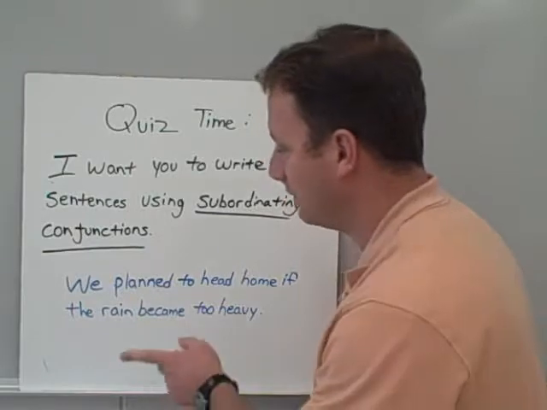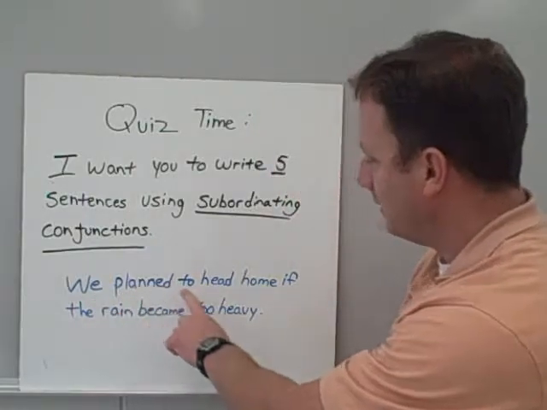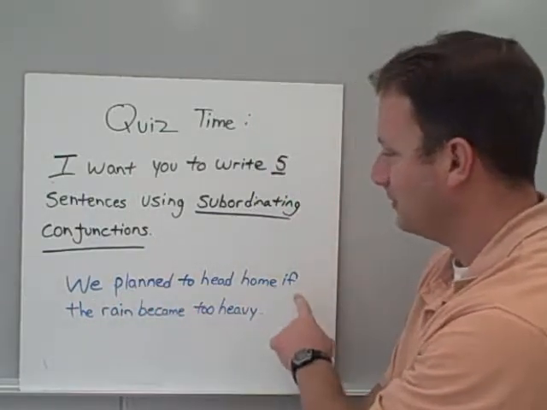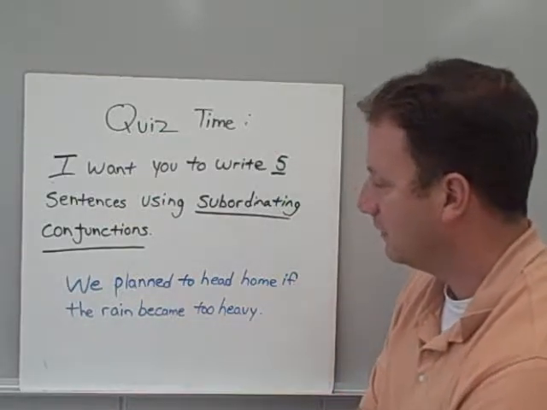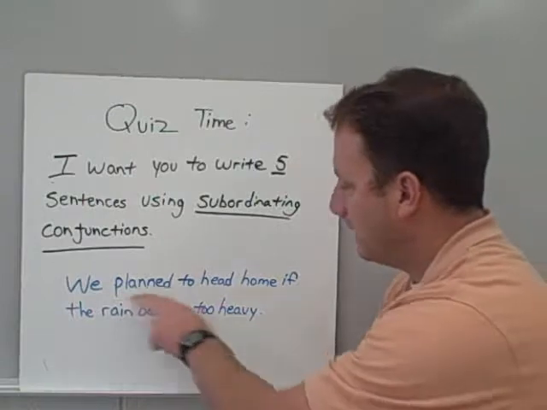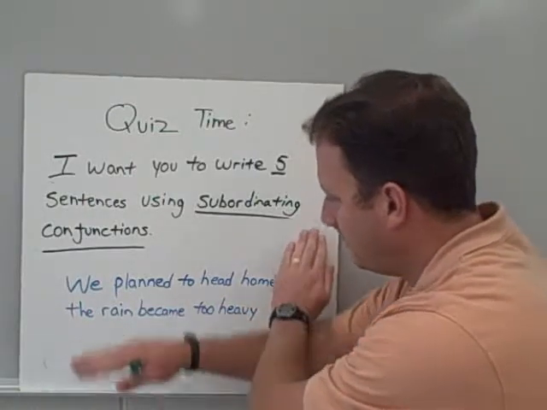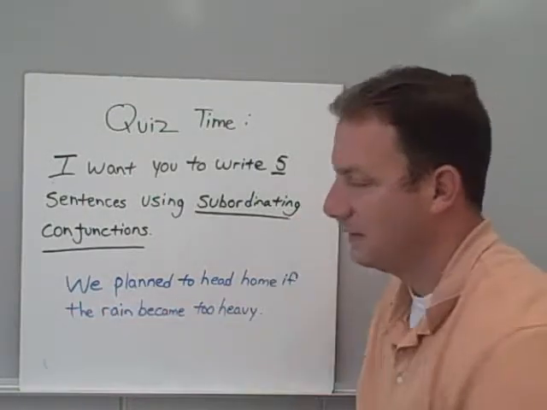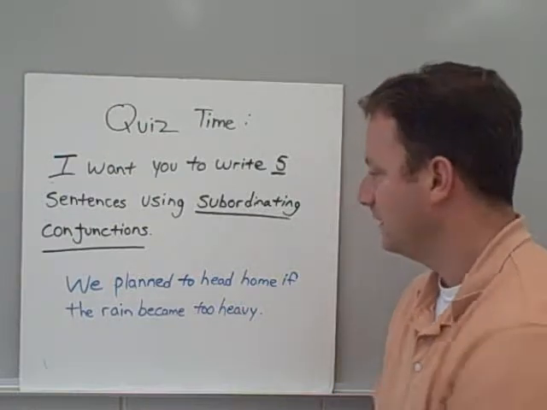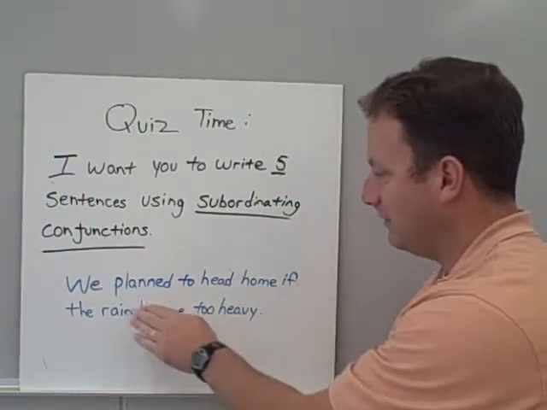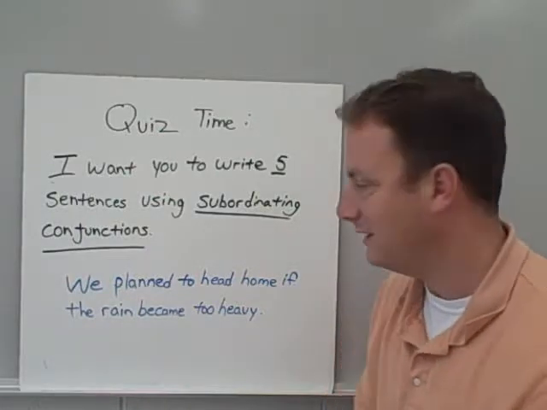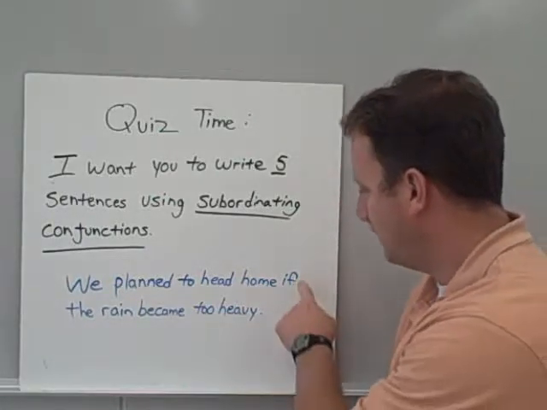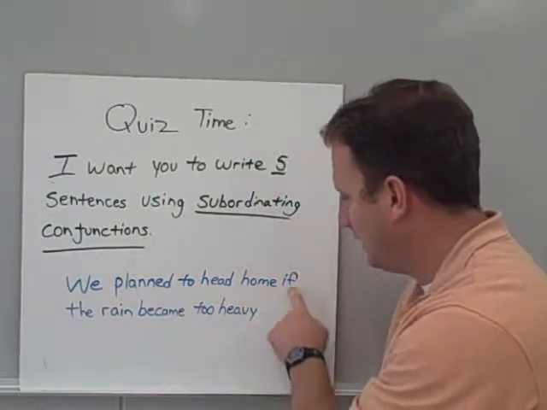For example, I did one for you. We planned to head home if the rain became too heavy. Okay? We know that we plan to head home, if that's all we saw by itself, that is a complete sentence. But if all we saw was, if the rain became too heavy, it doesn't tell us anything, okay? So this fragment needs some extra help.